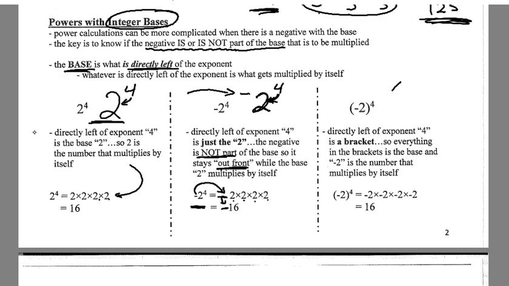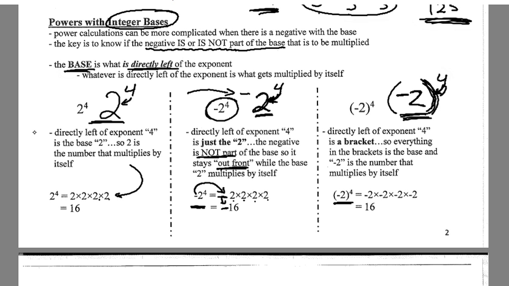How that differs from this next one, negative 2 in brackets to the 4. Well, this time when you say what's directly to the left of the exponent 4, well, the first thing we come across is the bracket. So that's now saying everything in the bracket is your base. So we have to have all of negative 2 being multiplied. And that's what we've done. In the previous example, directly beside the 4 was just the 2.